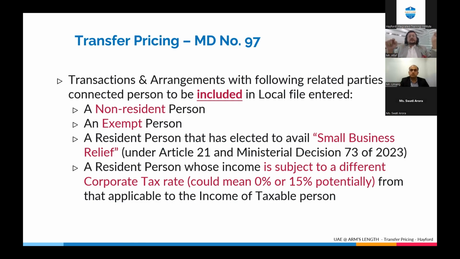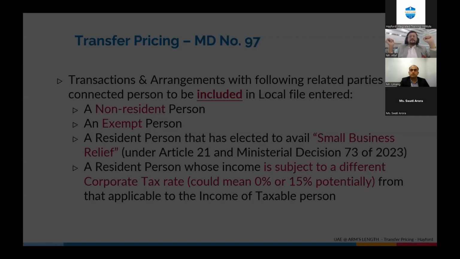Also, a resident person whose income is subject to a different tax rate. The standard tax rate in the UAE is 9%, but there could be a situation where a 0% tax rate is applied to the income, and I'm referring to qualifying income of a qualifying free zone person, or there can be that 15% rate, so a differential tax rate. If that is the case, these will be included in the local file. You can go to the next, please.